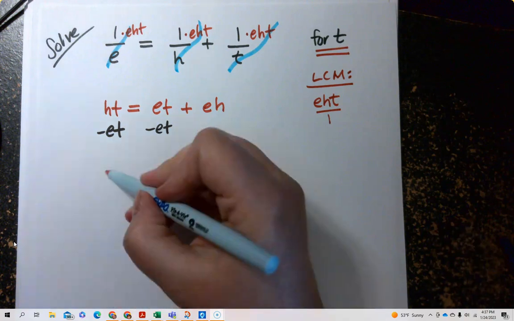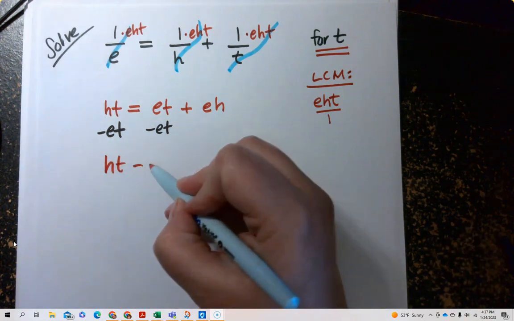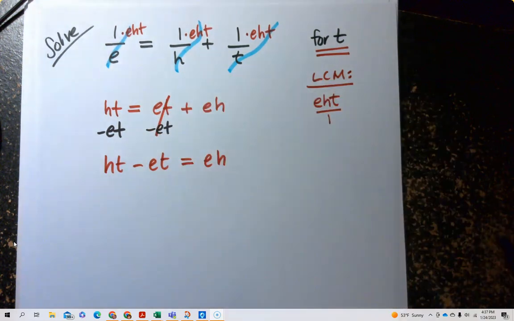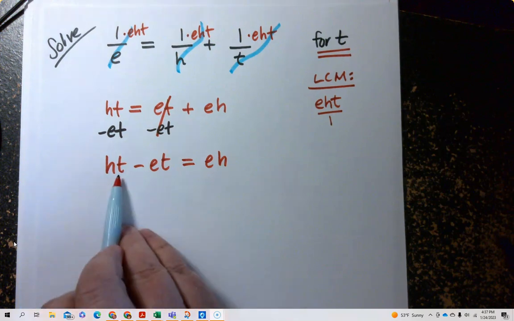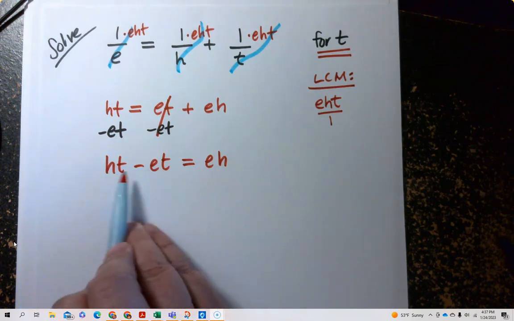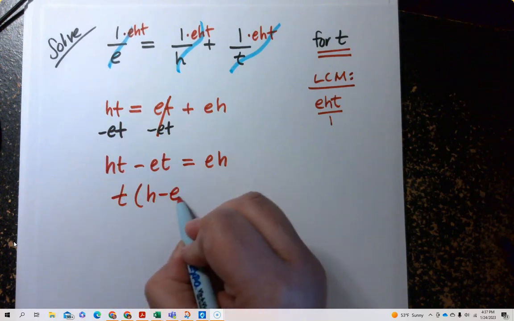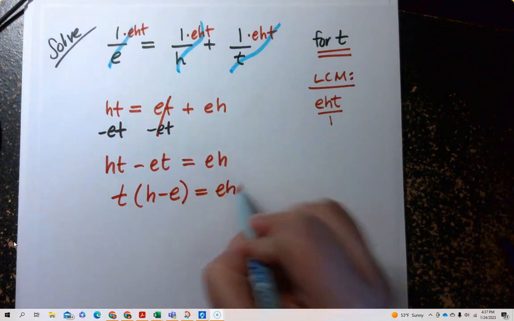That gives me HT minus ET equals EH. This became 0, so it's no longer there. And now I have a T in both of these terms, and so I can factor it out. T times H minus E equals EH.